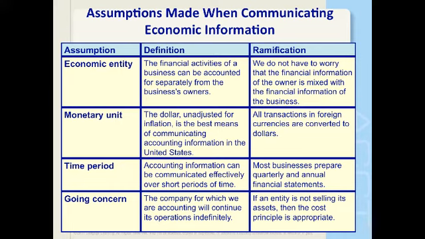So we say that company is a going concern. It means that entity will not be selling its assets. It will not be closing up shop. It means that the company for which we are accounting will continue its operations indefinitely. So we make 4 assumptions when communicating economic information, when we're putting together our financial statements.